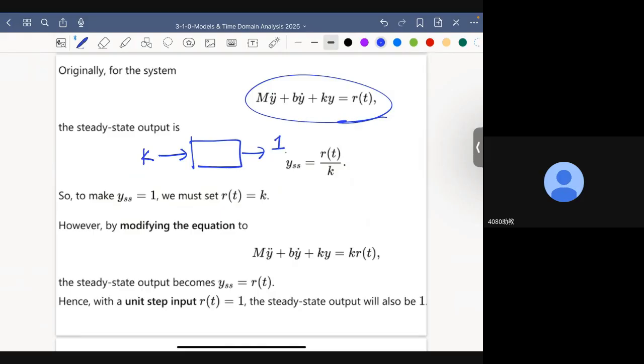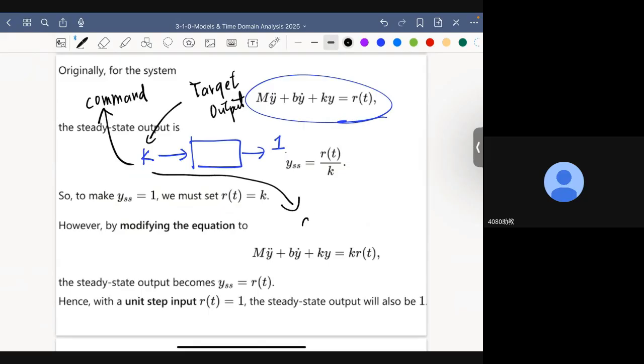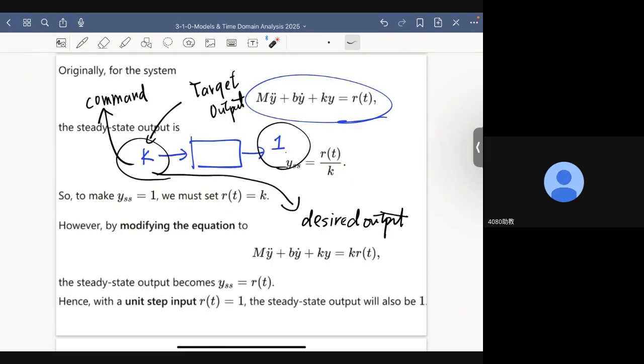What we want in the context of control is that the input is essentially a target output. The input is essentially a command. Put another way, it is essentially the desired output. Here the input is k and the output is 1. Apparently, they are not compatible. So how do we deal with this?